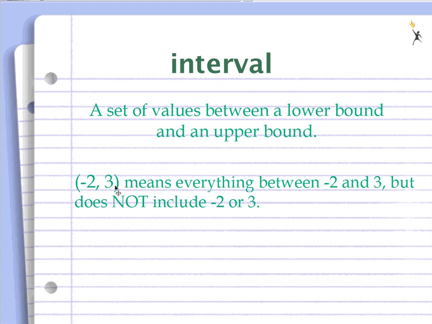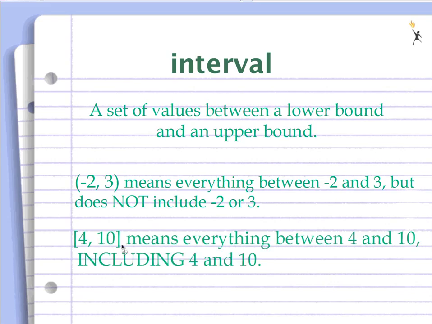The round brackets mean everything in between -2 and 3, everything in between the two boundary points, but not -2 or 3. Like 2.999 would be part of this set, but 3 is not. So everything in between, but not the two ends.